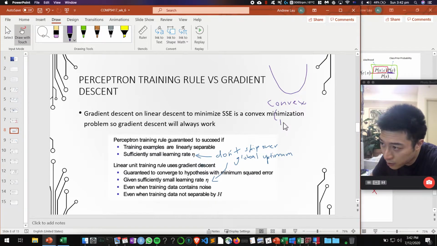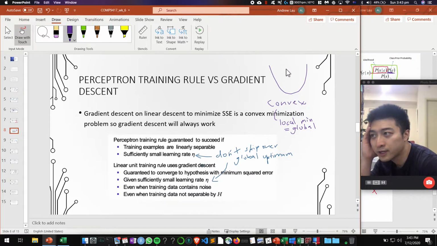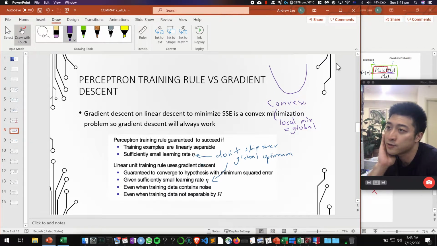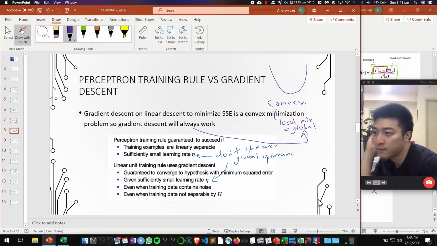The local minimum is also the global minimum. So we don't have to worry about being stuck in any valleys or anything. If you get to a minimum, it's a global minimum. It's convex the whole way around, which is nice, because it means we'll always find the global minimum rather than just a local minimum, right?